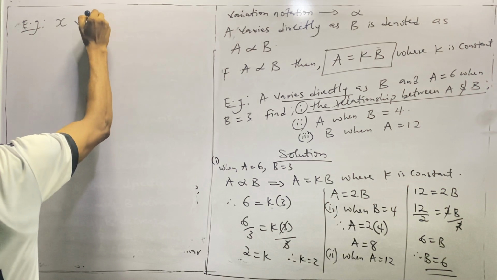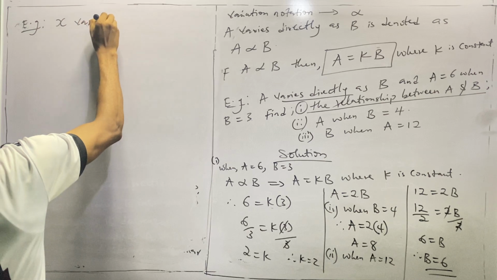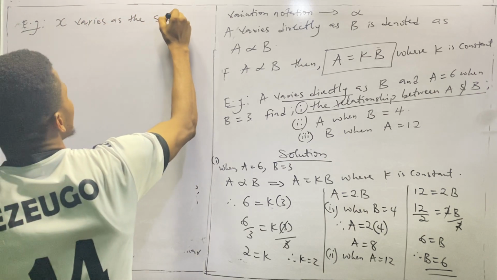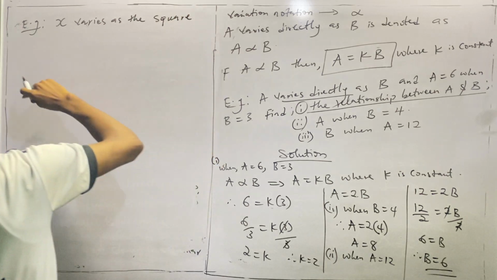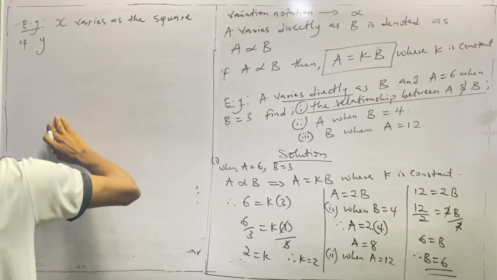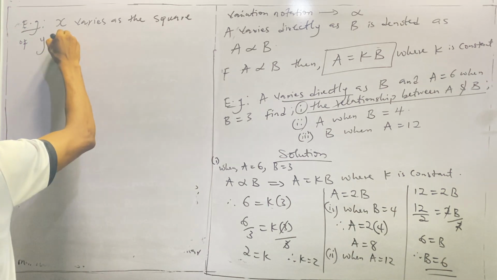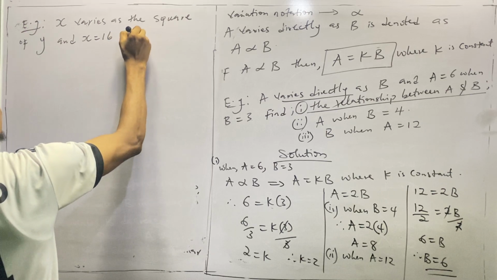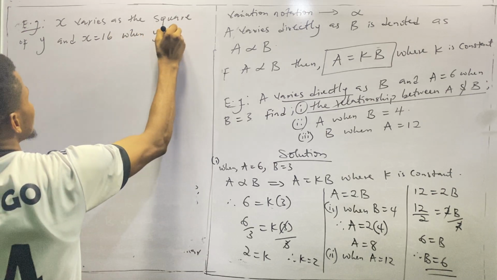X varies as the square of Y, and X is 16 when Y is 4.